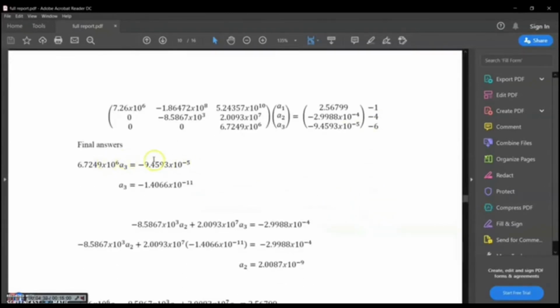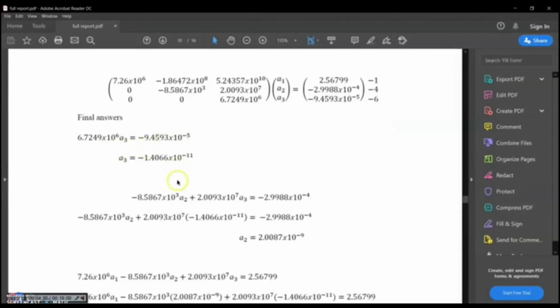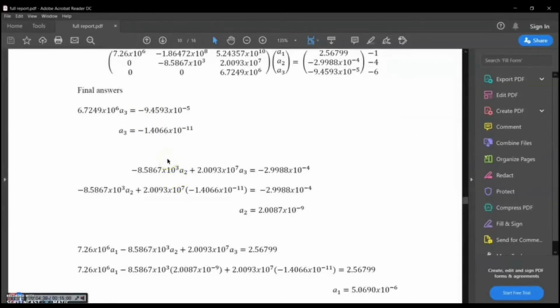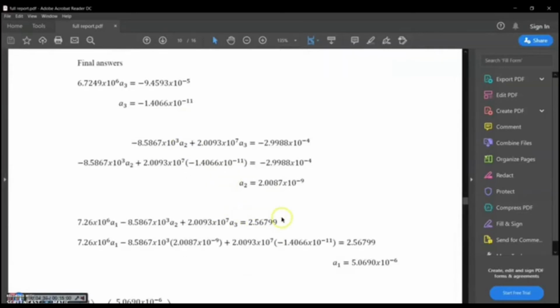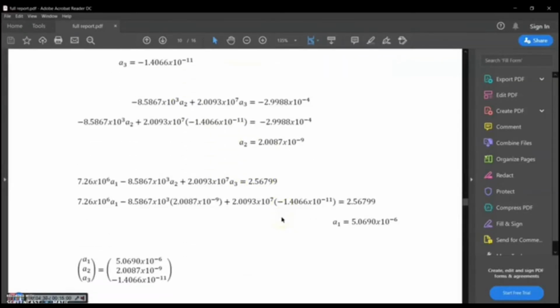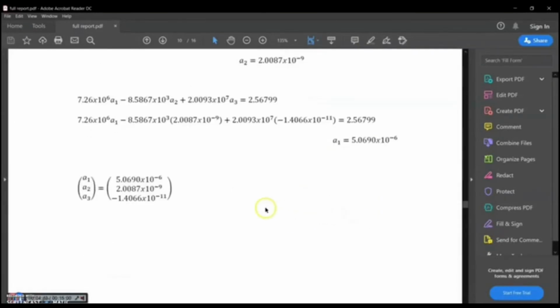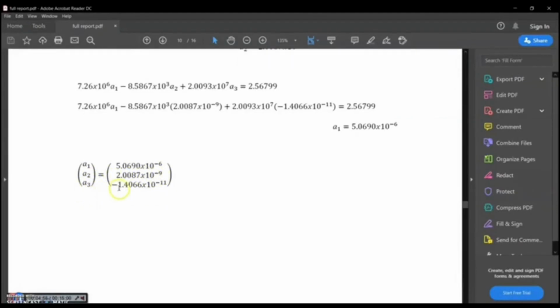For the final answer, from equation 3, we can get the value of A3, and by substituting the value of A3 in equation 2, we'll get the value of A2, and by substituting the values of A2 and A3, we'll get the value of A1. The final answer for A1 is 5.0690 exponent negative 6, for A2 is 2.0087 exponent negative 9, and for A3 is negative 1.4066 exponent negative 11.